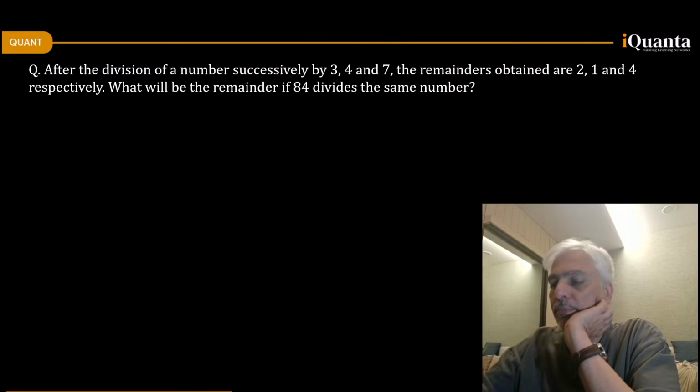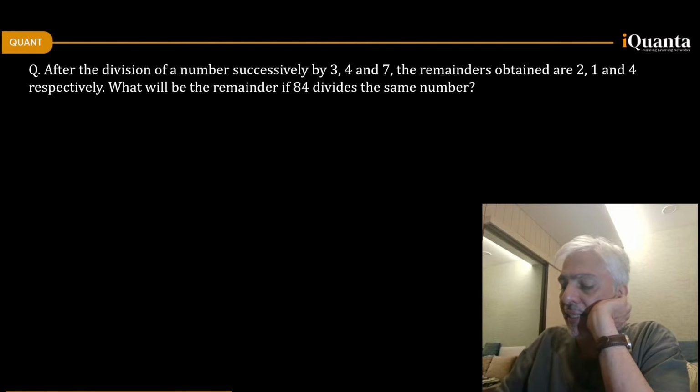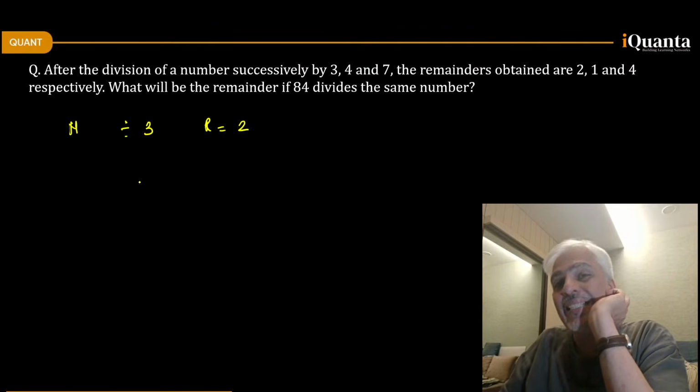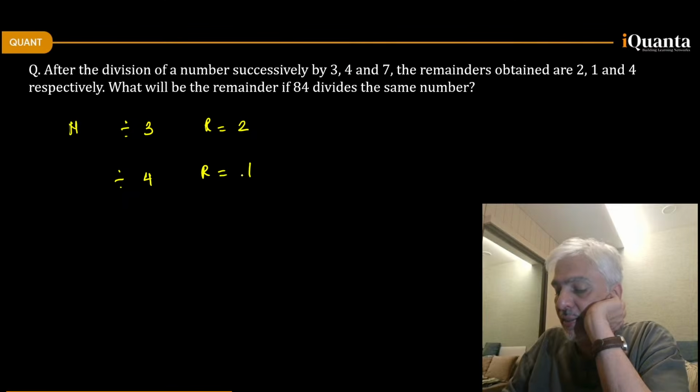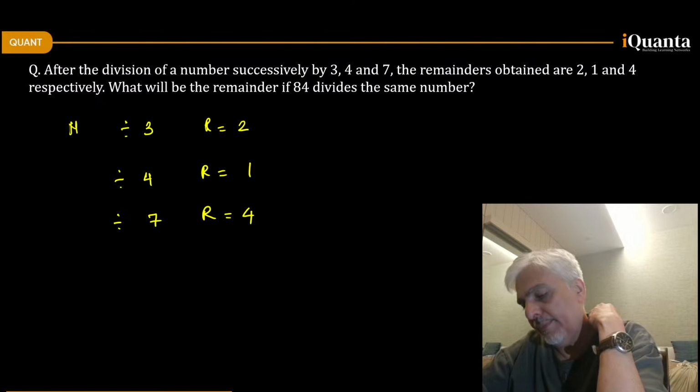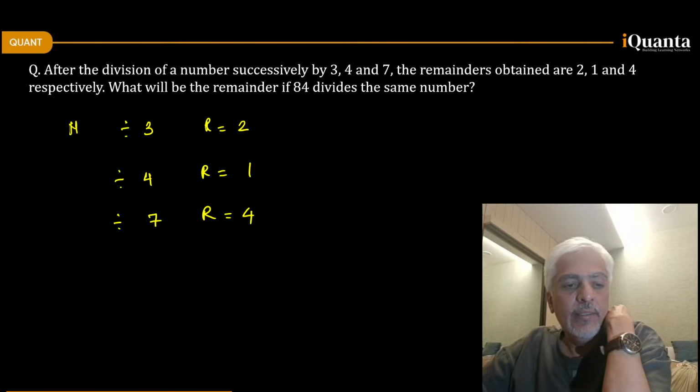Anybody answer? I'm just writing. There's a number n divided by 3, remainder is 2. Then successively divided by 4, remainder is 1. Then divided by 7, remainder is 4. Right, Tejaswani?